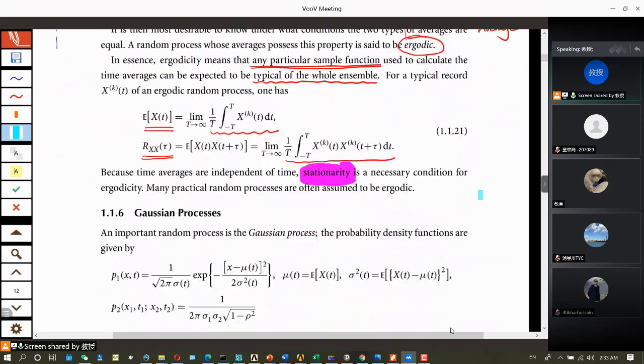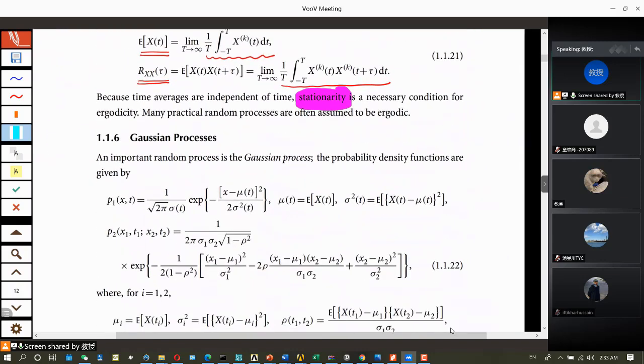Okay. So next, we look at the Gaussian process. A Gaussian process is related to normal distribution.